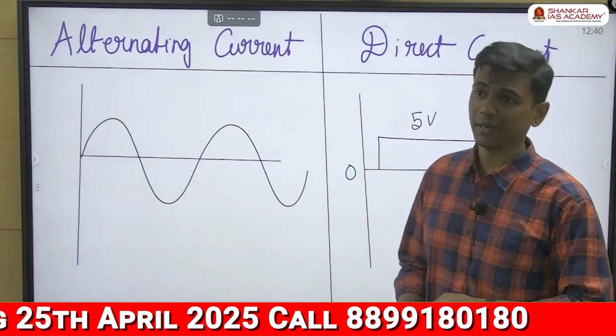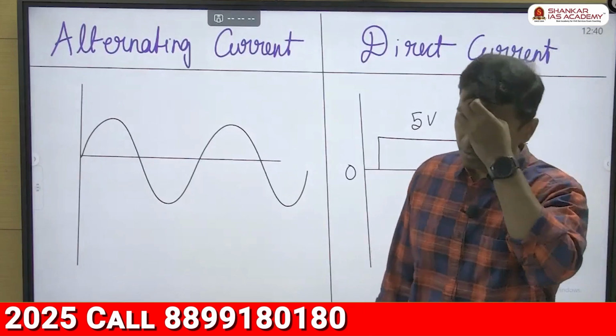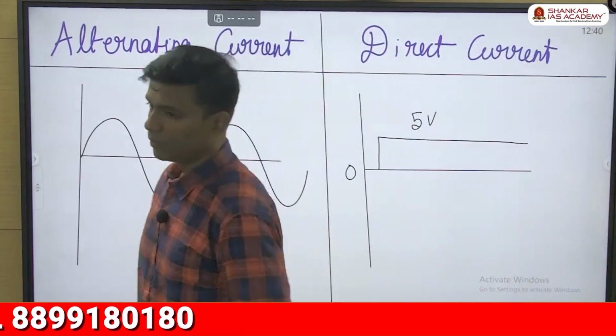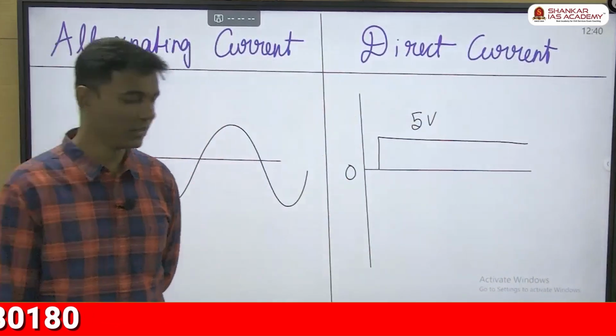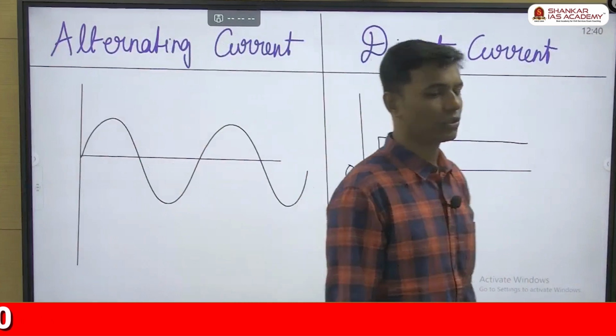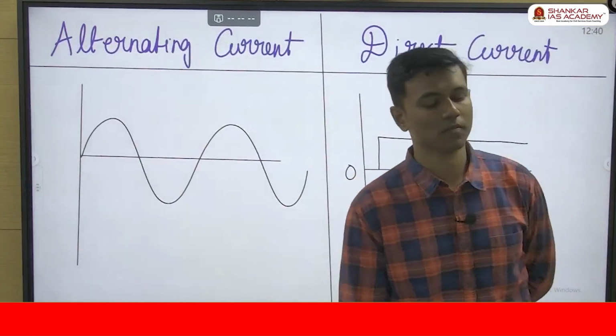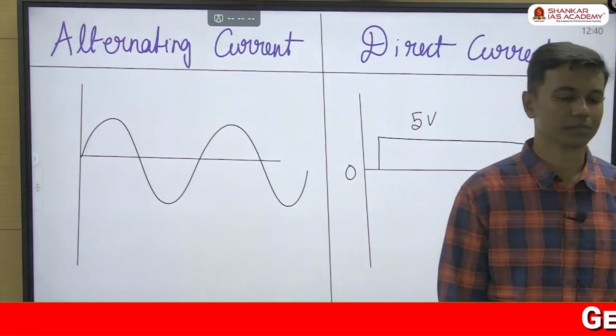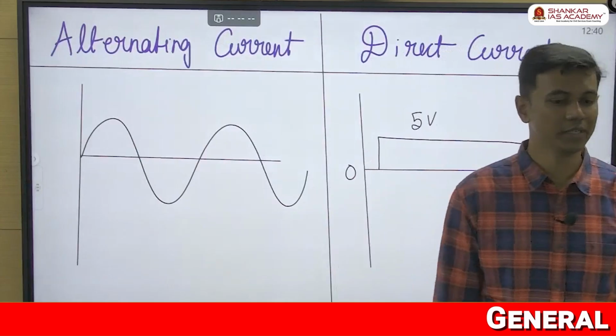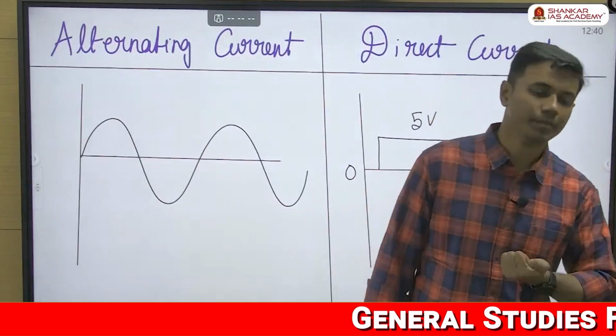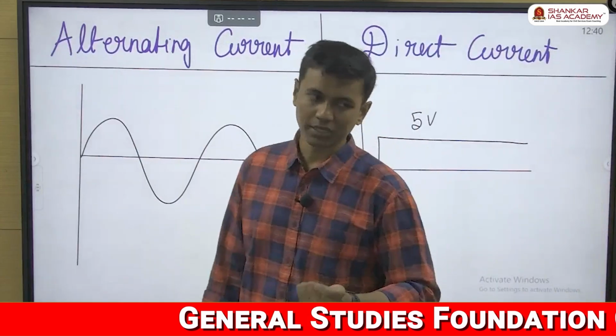Then for direct current, you can write: it's suitable for storage. DC or direct current is suitable for storage. So that's why we have written DC example, batteries, but for alternating current, mostly generators.